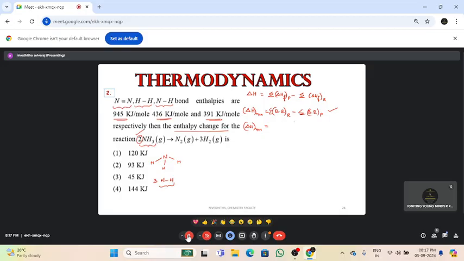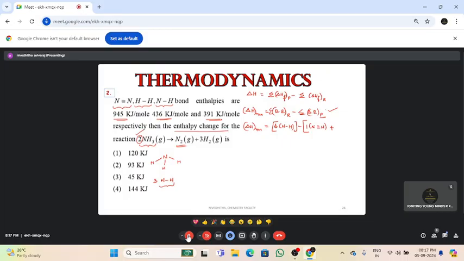As far as reactant is concerned, we have only ammonia, that too 2 moles, so 6 into nitrogen-hydrogen bond. As far as product is concerned, we have nitrogen and hydrogen molecules. Here we have only one nitrogen molecule, so one nitrogen triple bond, plus, because for the product we have to sum the values.